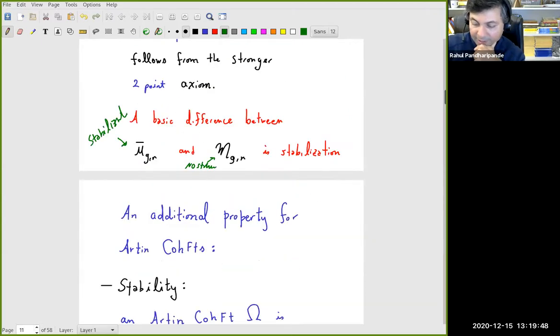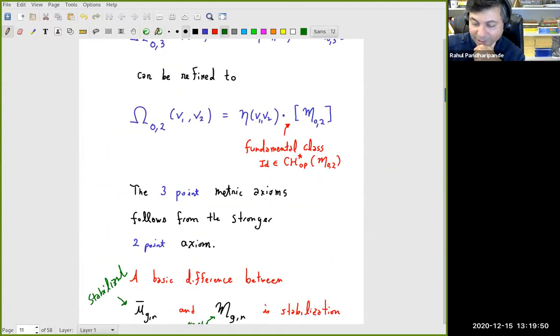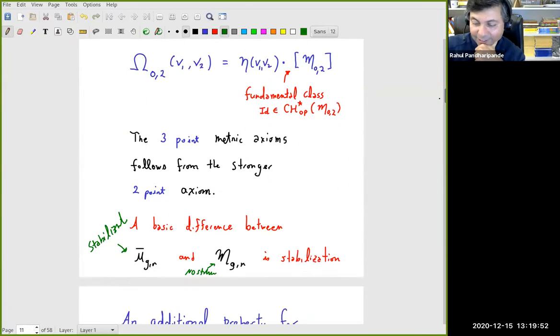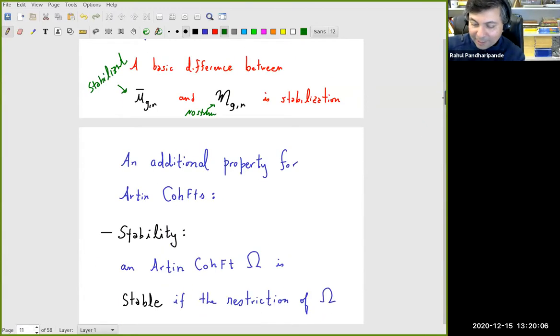It is reasonable to insist that if you have an Artin CohFT, then underlying it there's a Deligne-Mumford CohFT, because the stable curves are in particular nodal curves. If you follow these axioms, there's a slight mismatch because of the stability.